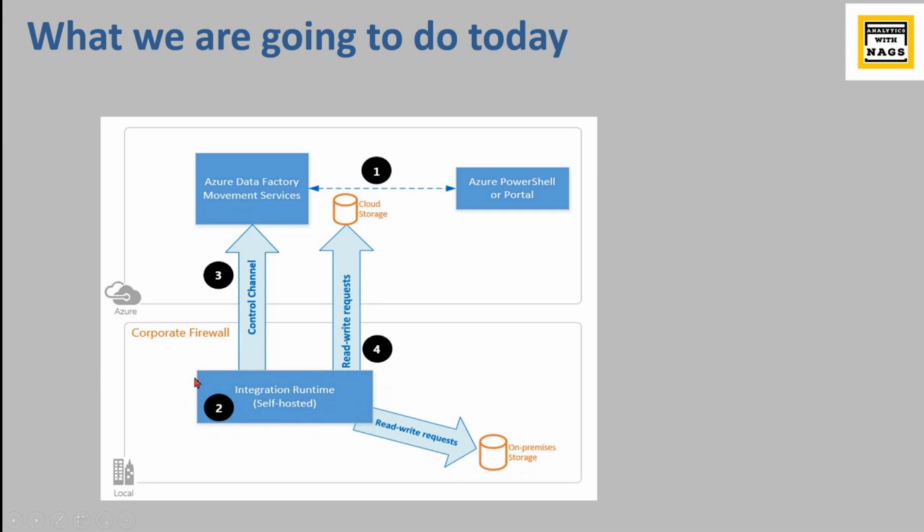We will install the self-hosted integration runtime in your corporate firewall or on the local servers. Then this will act as a bridge between your data factory and your on-premise database. That is what it's all about. We are going to perform this action in our next video, like connecting to on-premise storage and loading into cloud storage. In this video we will try to create the integration runtime.